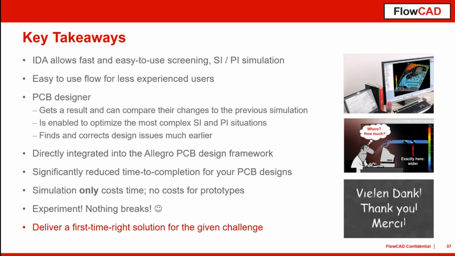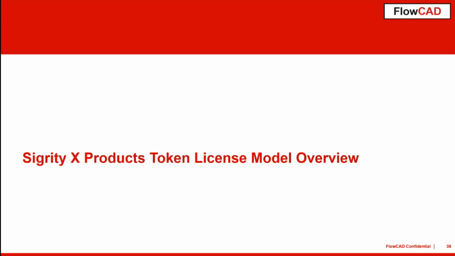But now, before I finish this webinar, I would like to give you a short overview of the Sigrity X token license model. So what is this? Cadence has a new license model. That means you can change between the different Sigrity licenses and you have access to all of them if you want.